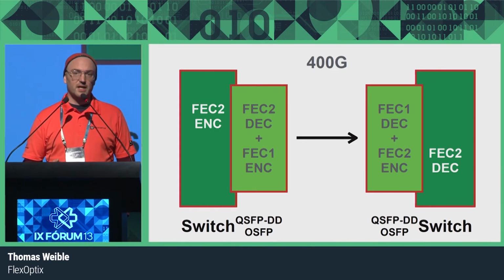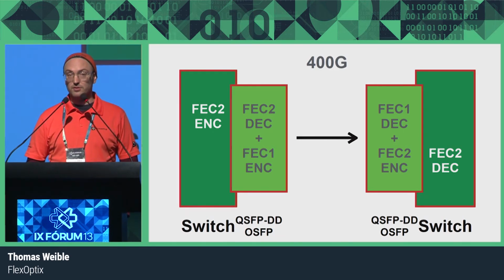While when you plug in an LR4, the FEC is not enabled. I have seen implementations where the FEC wasn't enabled at all, and then this ended up, on a multimode SR4 transmission, in bit errors. So double check the settings. When it's not enabled, enable it manually, and you might see that the bit errors will disappear on your link.